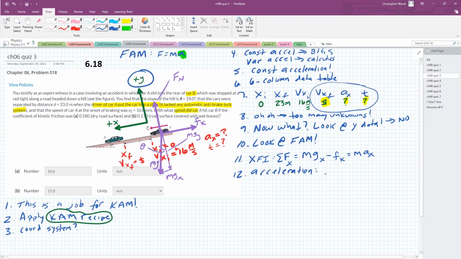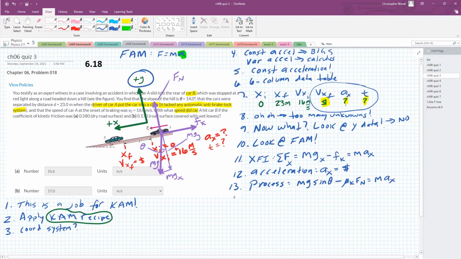A sub X, in this case, is the unknown. That's good news, because if I process my X force inventory, I've got MGX, which is mg sine theta, minus FK, which is mu sub K F sub N, equals MAX.